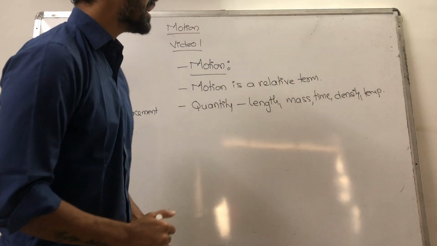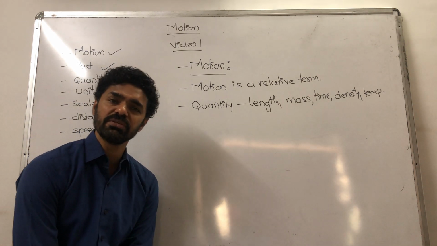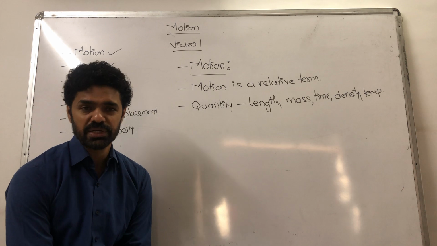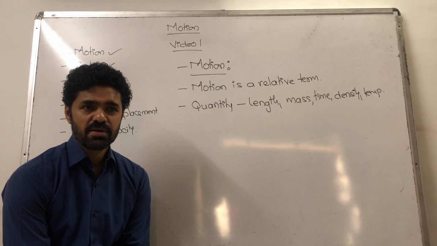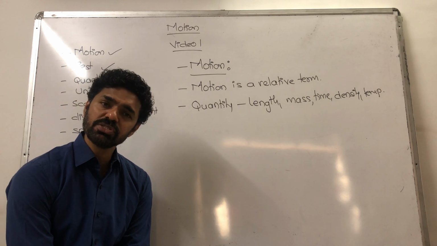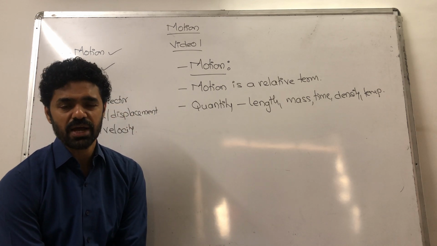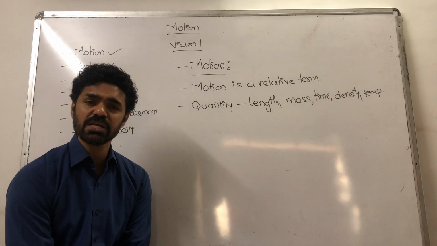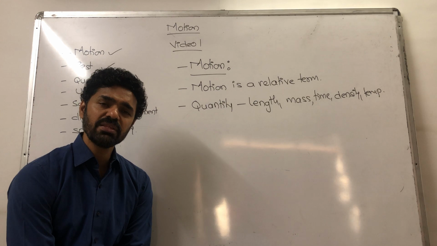So all these are quantities. Anything that you can measure is a quantity. What is the distance of school from your home? You can measure that. What is the temperature outside right now? You can measure that. So anything which could be measured is a quantity.